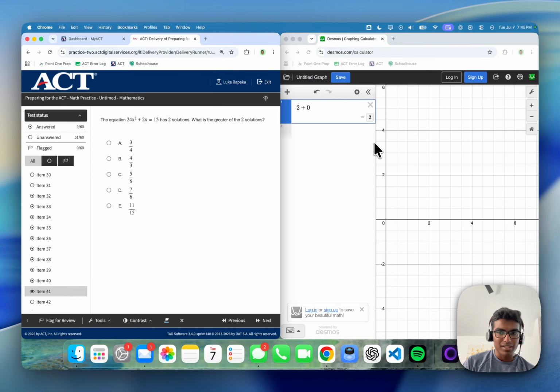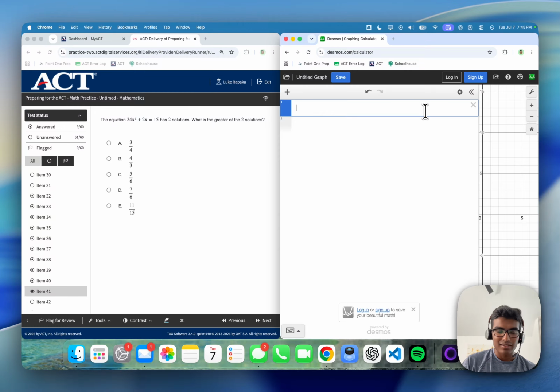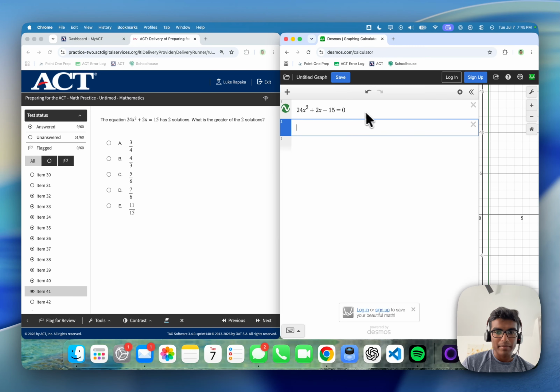All right. Two solution was the greater. Okay, so let's factor this out. It's 24x squared plus 2x. I'm going to subtract the 15 from both sides. Okay, I think this is factorable. Try 6, 4. And then let's do 3, 5. No, oh, it's the other way around. 5, 3.